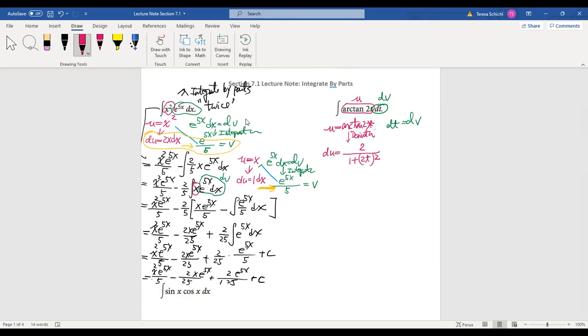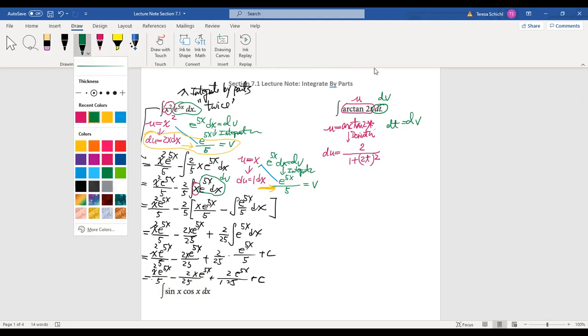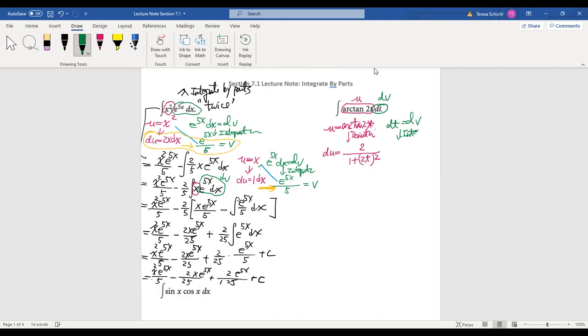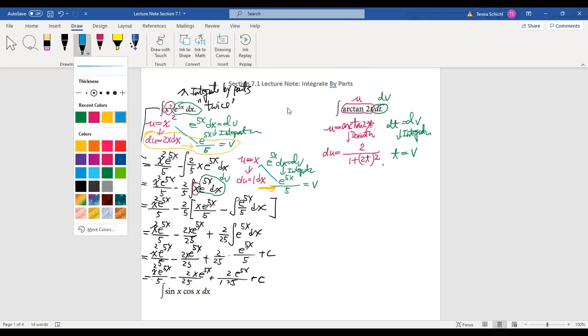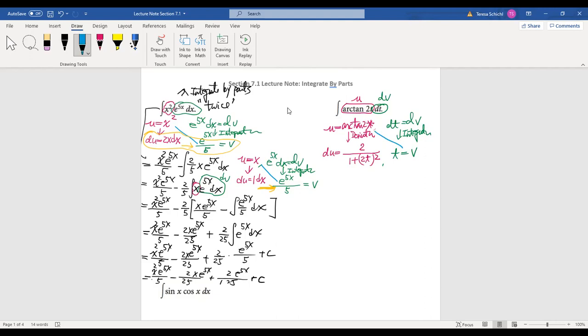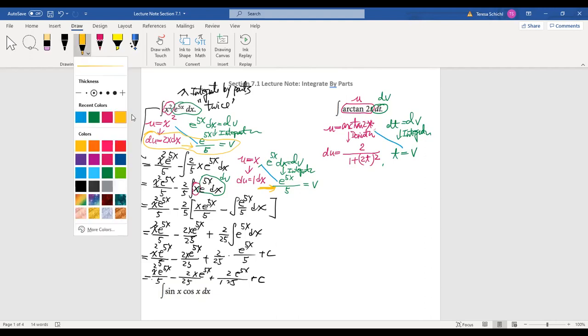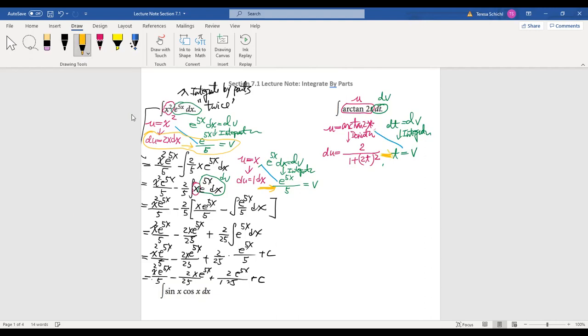Then for this dt, I need to take the integration, so t is equal to v. Now do the same thing, the cross: it will be uv minus the integral of v du.